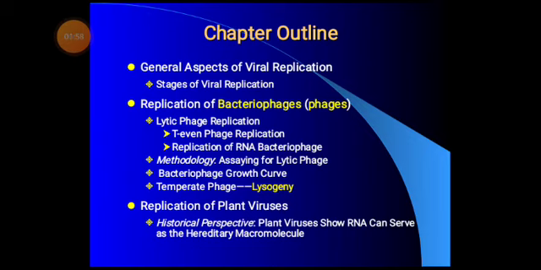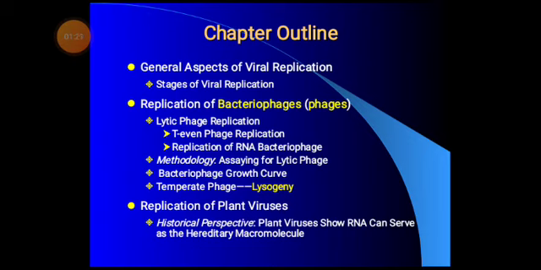Another point we are likely to see is what we call replication of bacteriophages or phages, where we are likely to find lytic phage replication, which comprises T-even phage replication and replication of RNA bacteriophage.